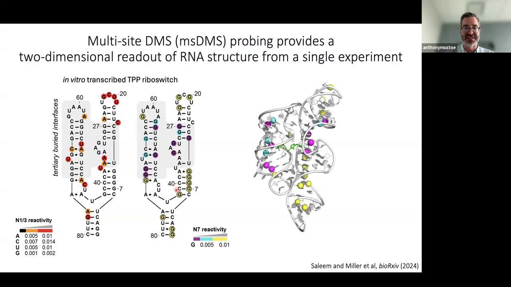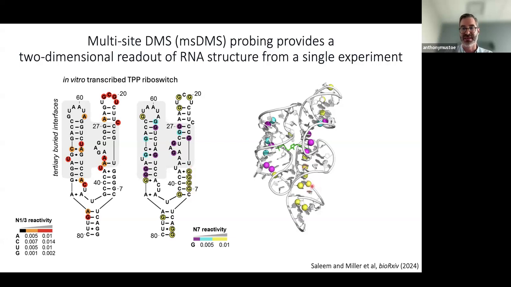And what I want to emphasize is that you can see here that the N7 reactivities are poorly correlated with what's going on at the N1 position, supporting that these are measuring orthogonal positions or aspects of structure. So specifically, if we look at these Gs here, they are unreactive at the N1 position because they're base paired, but at the N7, they are quite highly reactive.